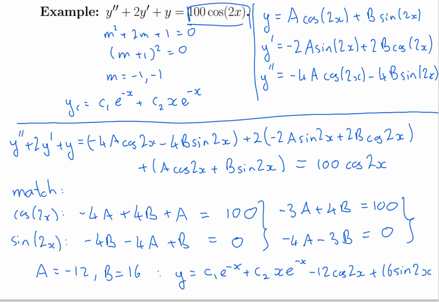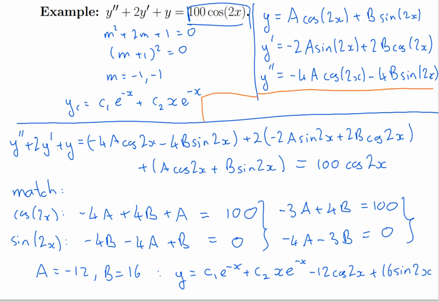Now there's one little catch which I won't explain here, but I will leave it to you as a question to either think about or maybe look up in the textbook. Something can go wrong with the situation I've described, and that is, what if one of the terms in the particular solution that you write down is actually a solution of the homogeneous equation? Then when I substitute it into the left, I'll get 0, and there's no possibility of it matching any term on the right hand side. So what would happen then?